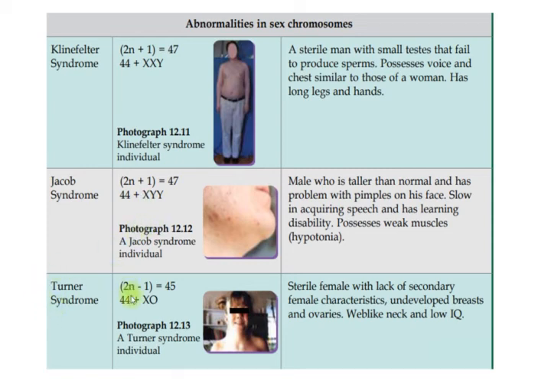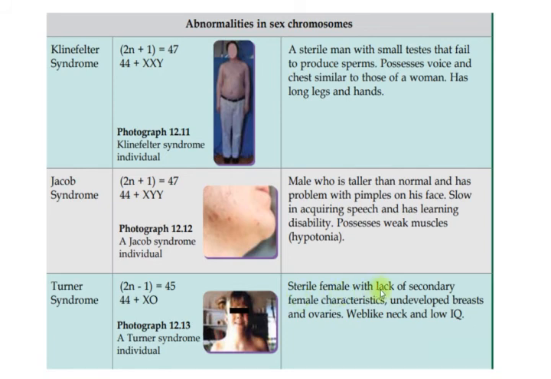Then Turner syndrome. Turner syndrome occurs in females. The number of chromosomes of the individual is 45, 44 plus X, with one of the sex chromosomes missing. What are the characteristics of the female?